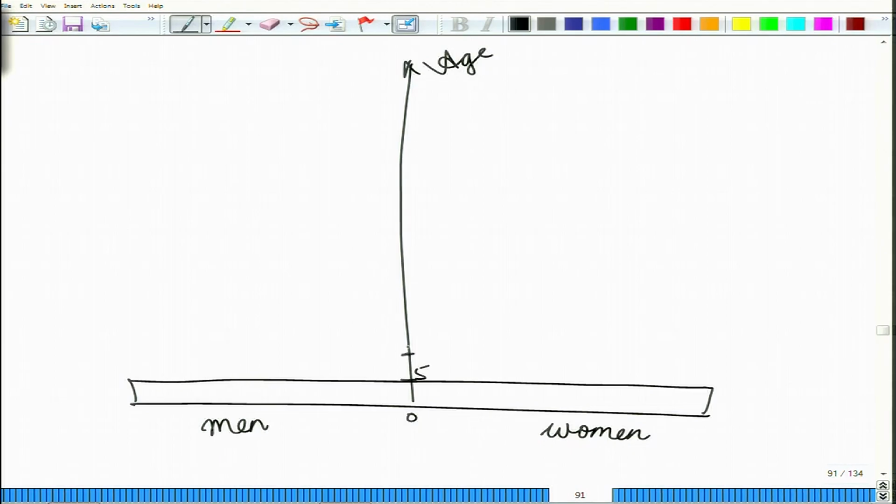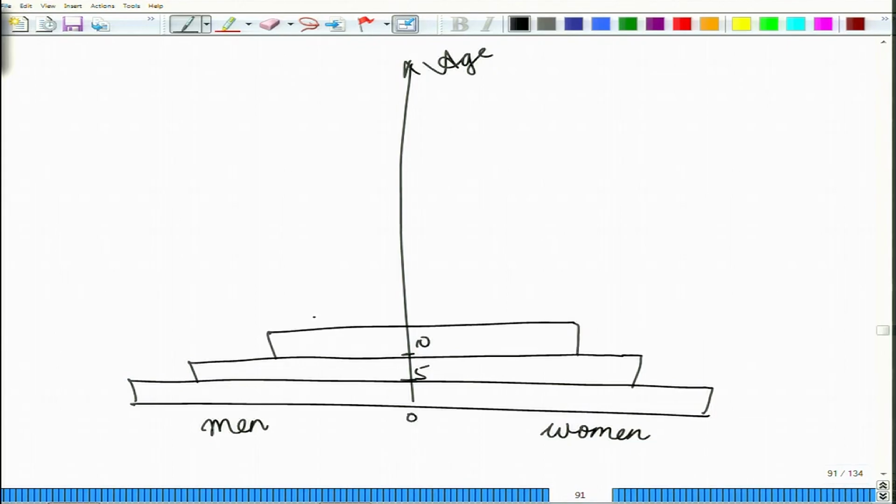Now, in the case of 5 to 10 years, you have a lesser number of individuals, then progressively it reduces: 15, 20, 25, 30 and maybe 35.